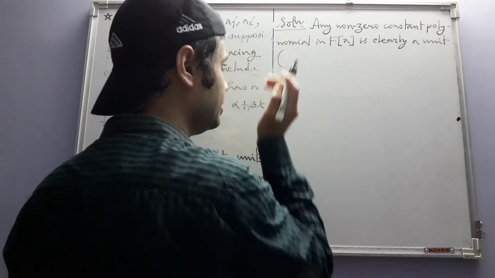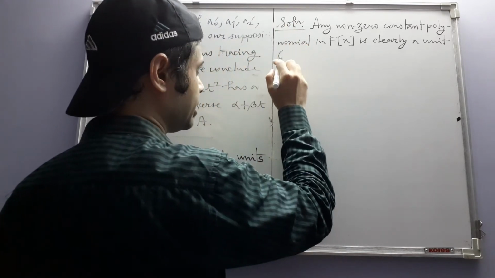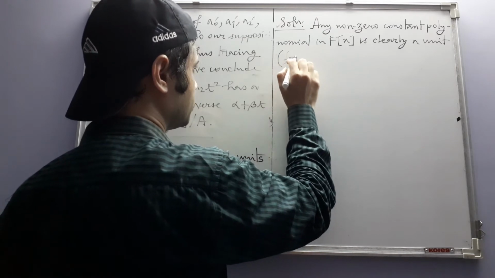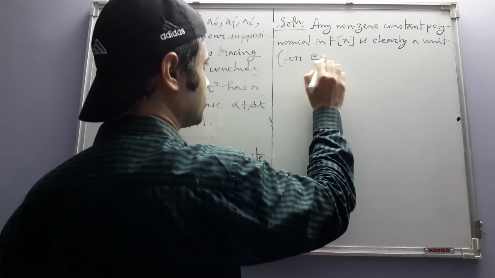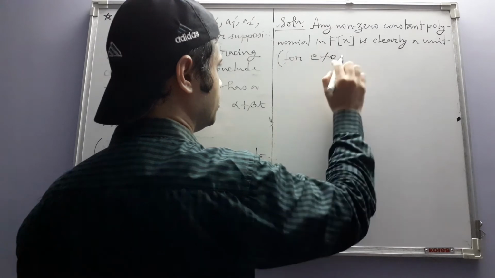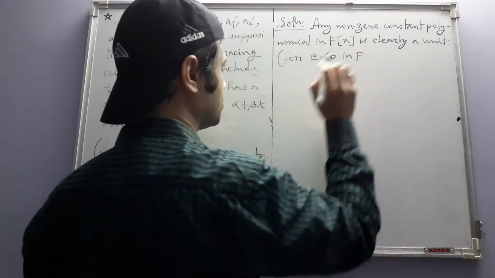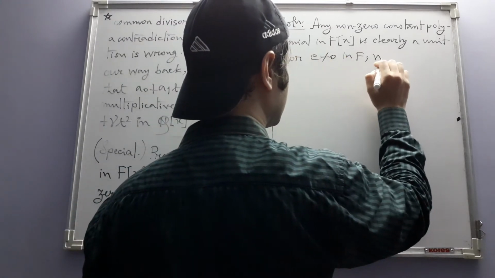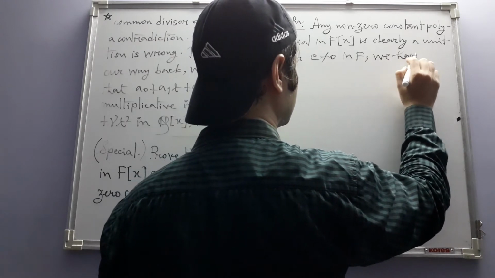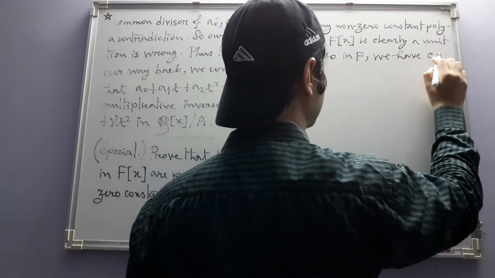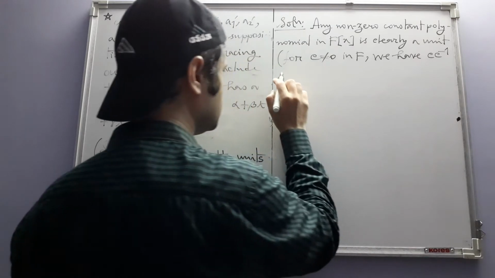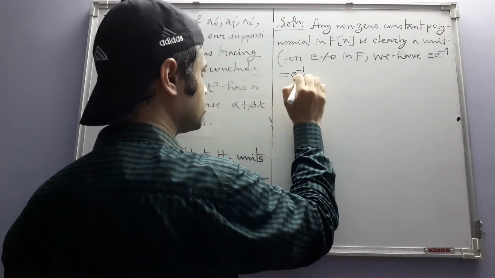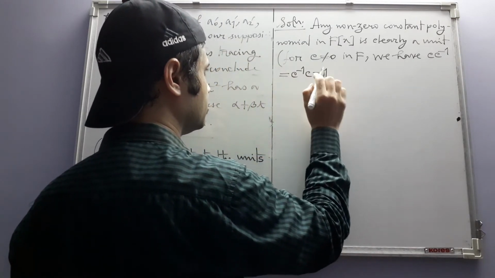Because the justification is very easy, and we can look at it like this: for any non-zero field element C, we have C inverse equal to C inverse C equal to 1.